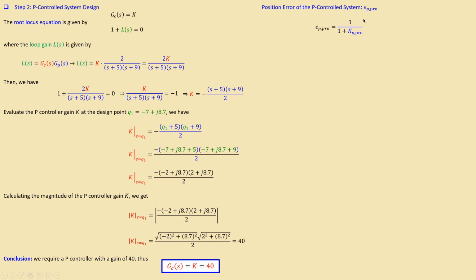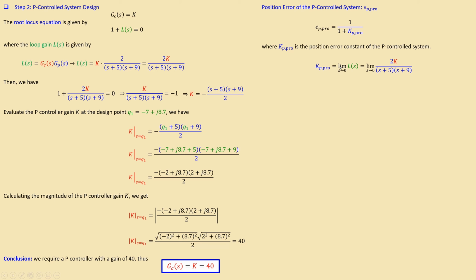This is called the position error, and K sub P comma pro is what is called the position error constant, and we will need to determine that one to calculate the position error for the P controlled system. So how do we calculate the K sub P of the proportional controller, which is given here as the limit of s goes to 0 of our loop transfer function.